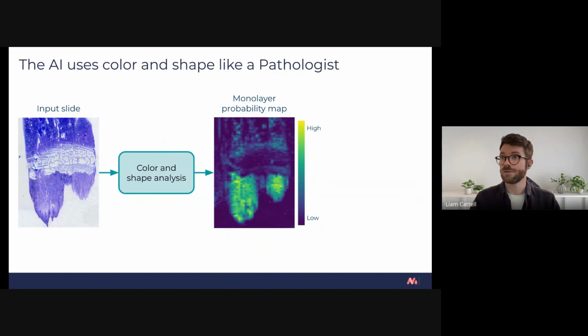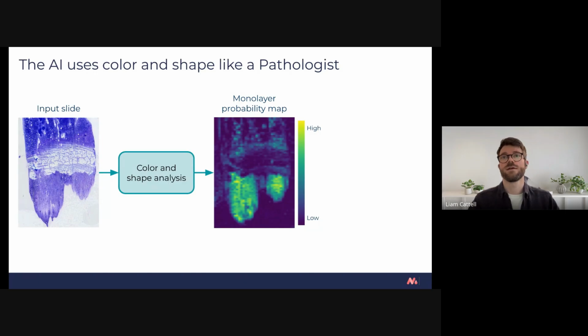So if your slide consists of primarily low probability regions, then we know we can't take this any further, and someone is going to have to step in and potentially remake that slide. The high probability regions, we can take those fields from those regions and do our next step of the analysis.